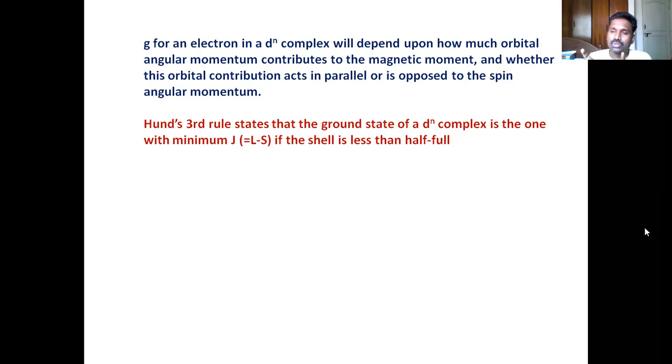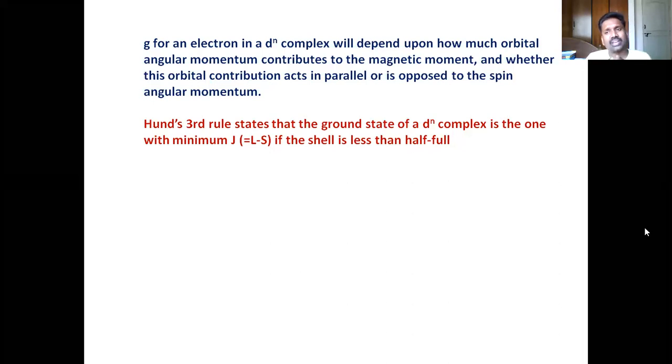4, 3, 2, 1, 0. So these are all the possible L values. Now, when you write so many L values and corresponding term symbols, you can wonder about all these possible states. Basically these are all spin states.